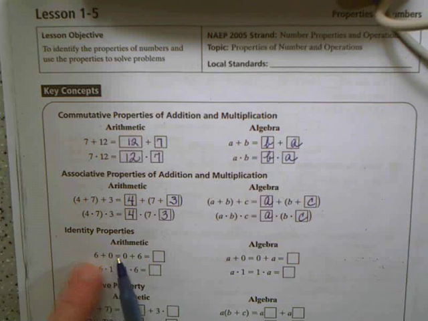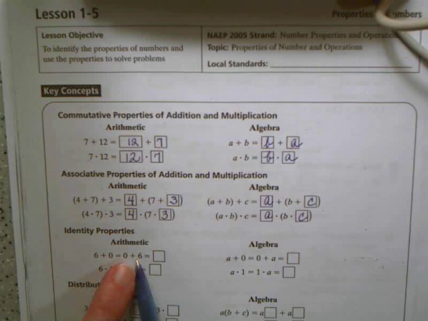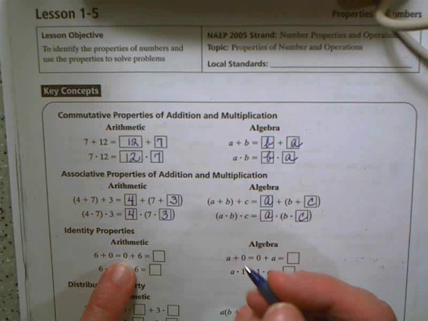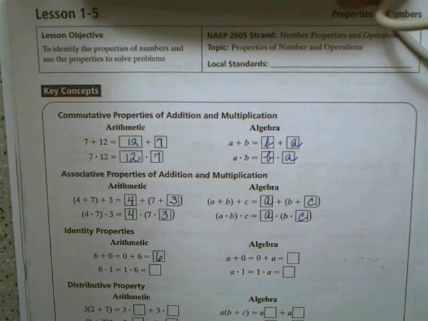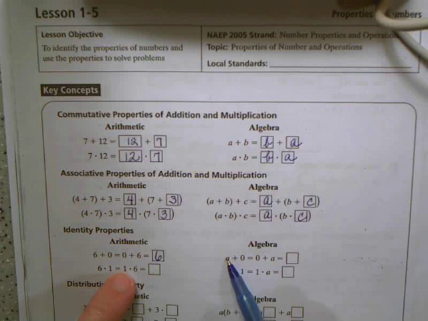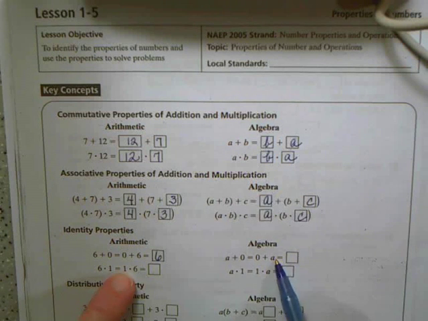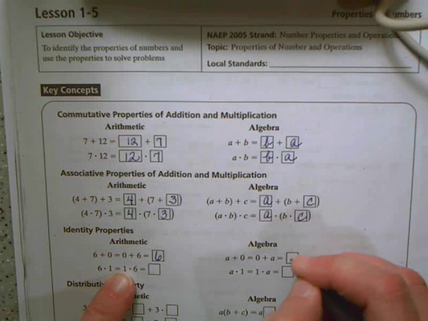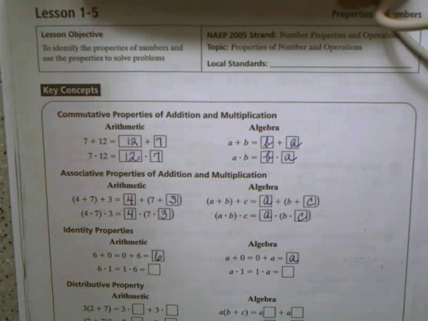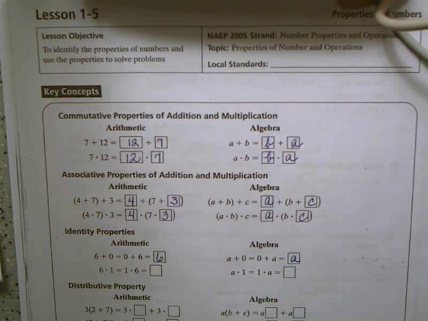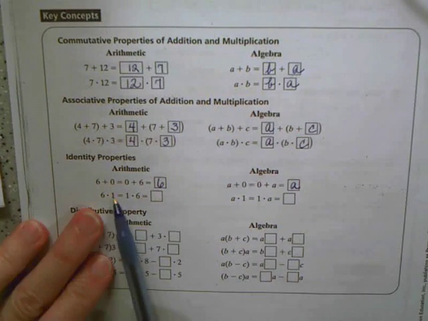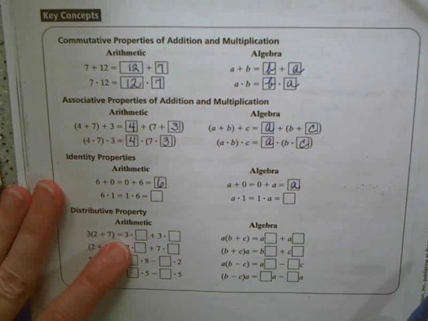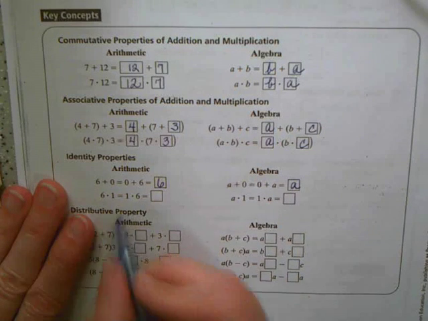Basically, 6 plus 0 is the same as 0 plus 6. In either case, they both give you 6. Okay? So a plus 0 equals 0 plus a. Both of those equal a. So adding 0 to a number simply gives you that number back as your sum. Similarly, multiplying a number by 1 in any order gives you that number back.